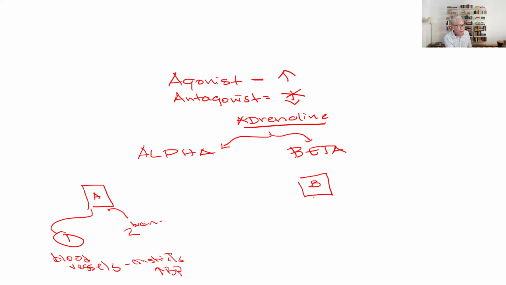Okay? Now, if epinephrine now enters into the beta, there are two types, beta 1 and beta 2. Beta 1 receptors are very abundant in the heart. And when adrenaline enters the heart, it increases the heart rate, and it also increases the force of contraction.